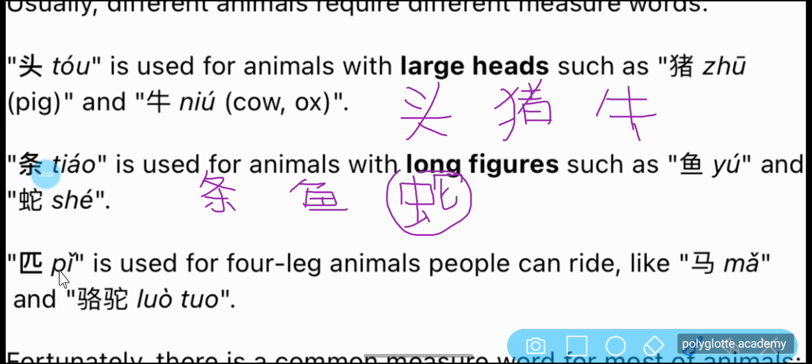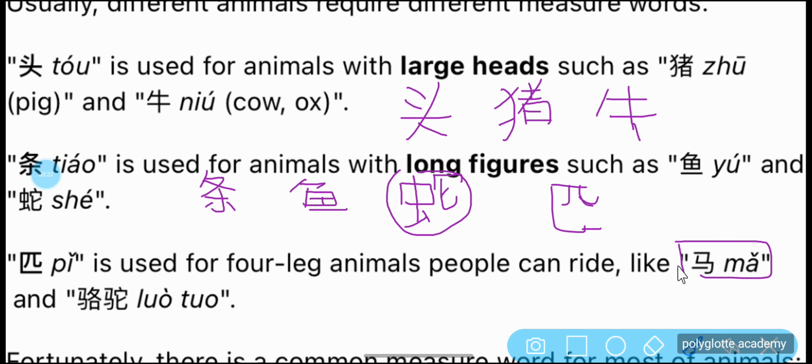We use pi for four-legged animals people can ride, like ma, which is a horse. So the measure word for horse is pi. Even for camel, we can ride a camel, we can ride a horse.